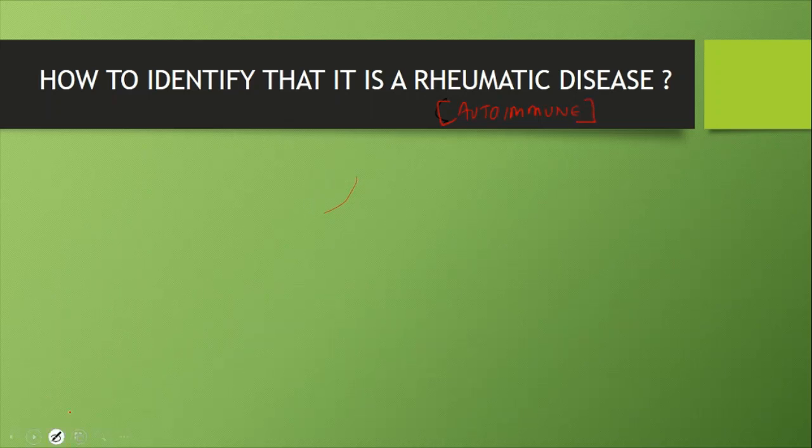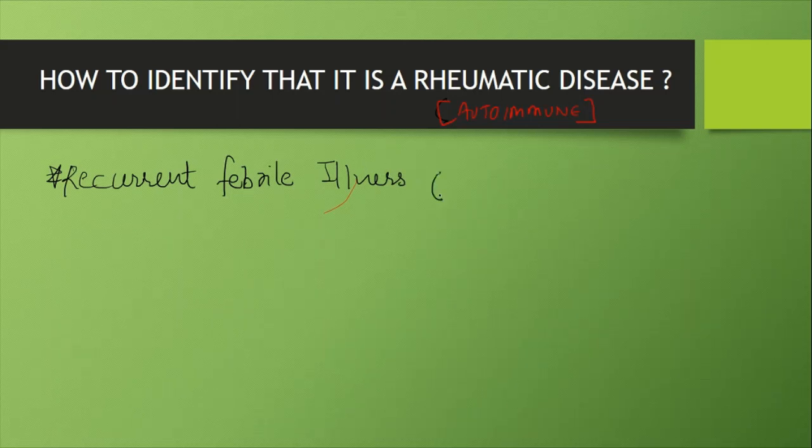So basically, when it comes to an autoimmune or a rheumatic disease, how do you identify that it is a rheumatic disease? The simple thing is any patient coming with recurrent febrile illness. What does this mean? That means a patient is having fever three or more times a month.